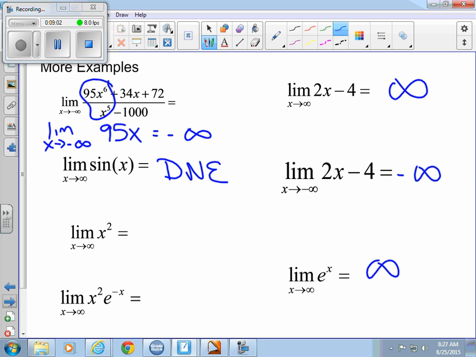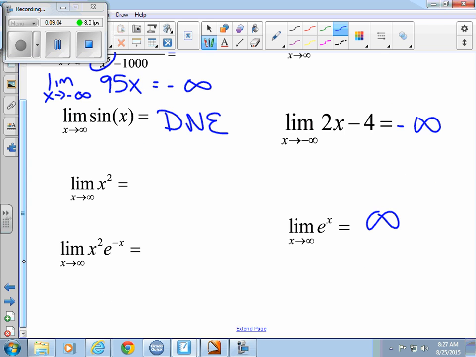You get a big power. The limit as x approaches infinity of x squared. Just a quick question: what if that had been approaching negative infinity? It still would be positive infinity. Why? Because of the square, right? Or if you look at it graphically, both ends are going up.